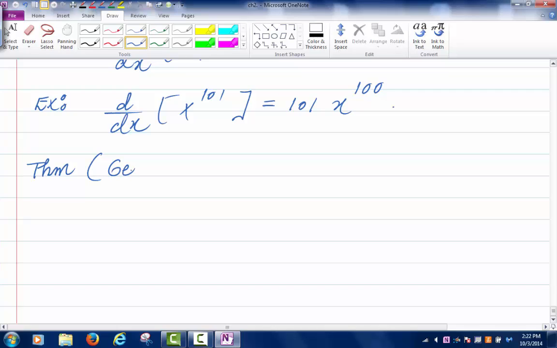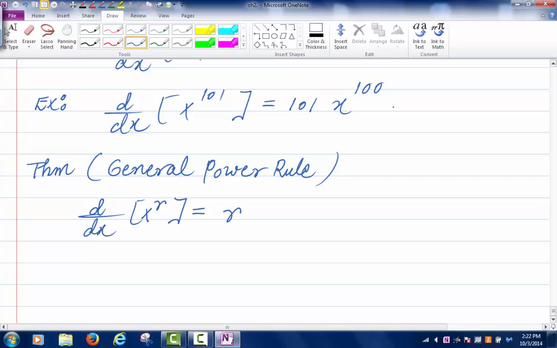So the general power rule says the following: the derivative with respect to x of x to the r is r times x to the r minus 1 for any r, so for any real number r. Okay, we can in fact say that.